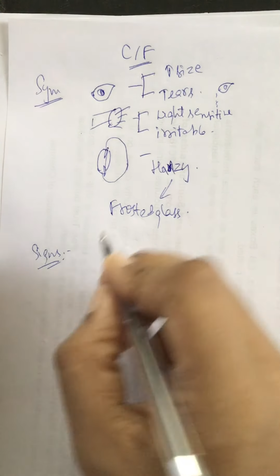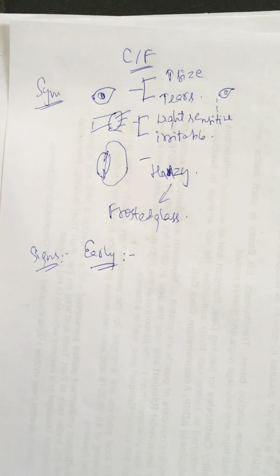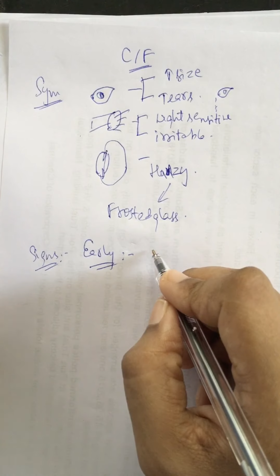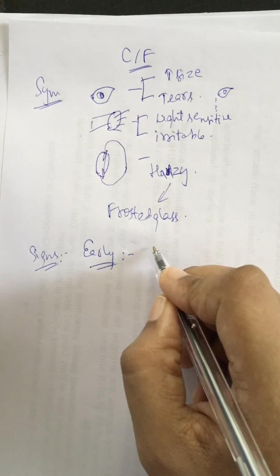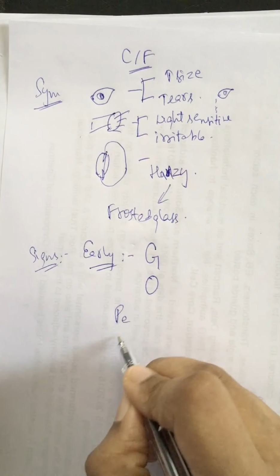For convenience sake, let's divide the signs into early signs and late signs. As we would have guessed, the early signs will be very few, because in the initial stages it's going to be a bit mild. I'm going to give you a mnemonic. It's GO and PEW.